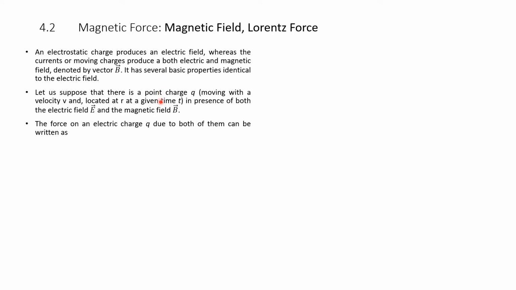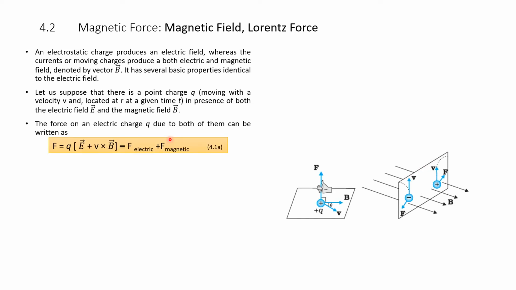Let us suppose that there is a point charge q moving with a velocity v and located at a distance r, at a given time t in the presence of both electric and magnetic field. The force on the electric charge q due to both of them can be written as follows.